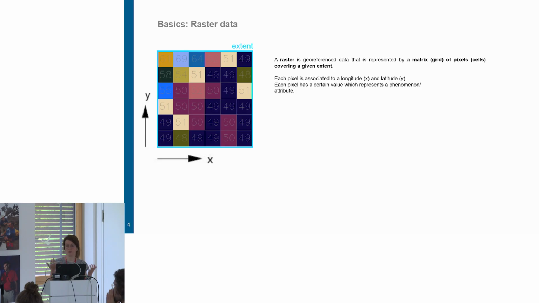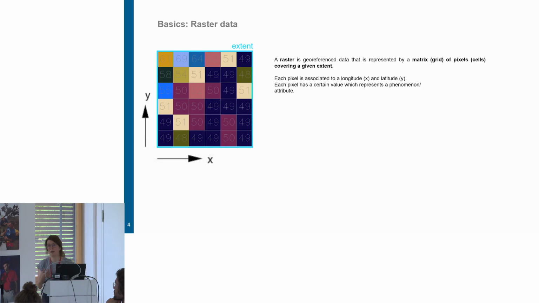Remote sensing data usually comes in raster format. A raster is a georeferenced data set that is composed of a matrix or grid of cells covering a given extent, and each pixel is usually associated to a particular coordinate, and has a certain value which can represent a phenomenon or an attribute.